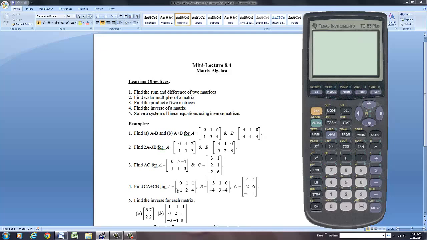Now we want the matrix A times C. So let's go back to the matrix menu. We want A, so we hit enter.